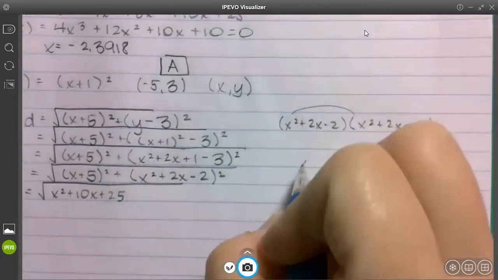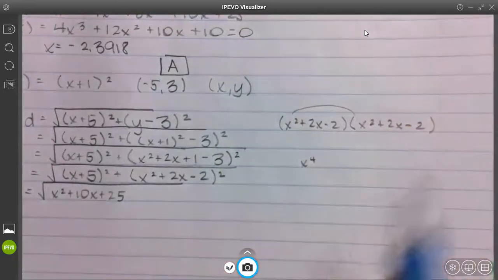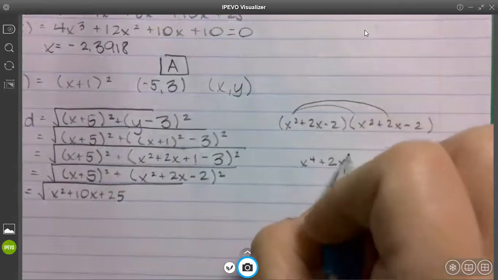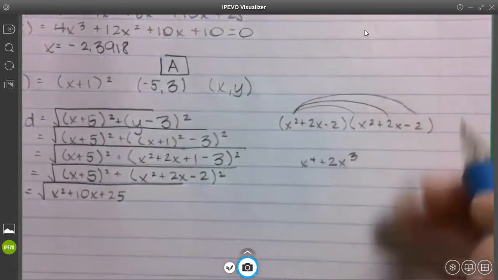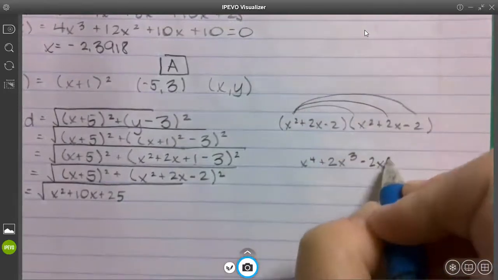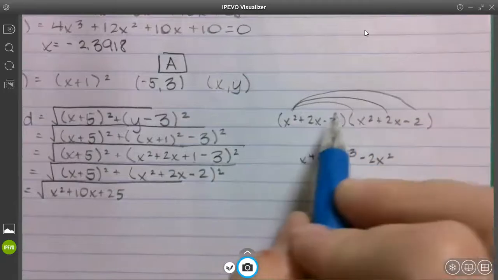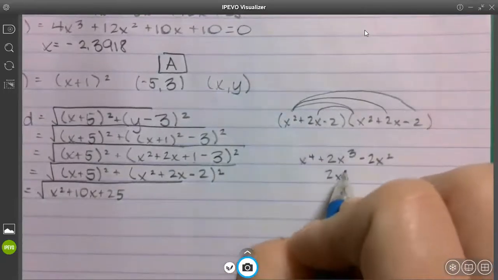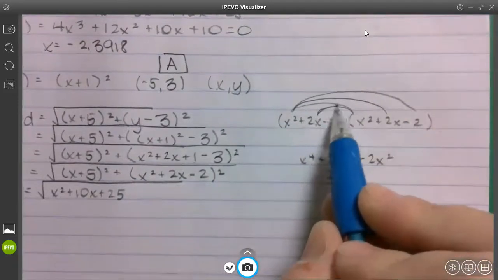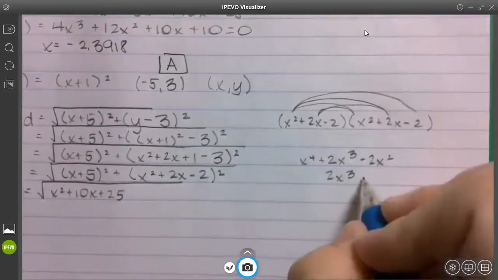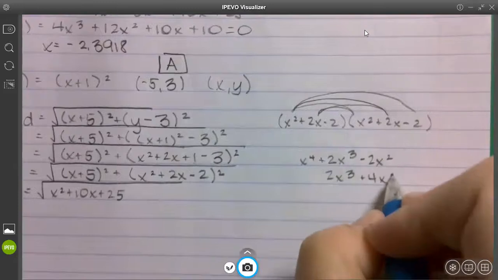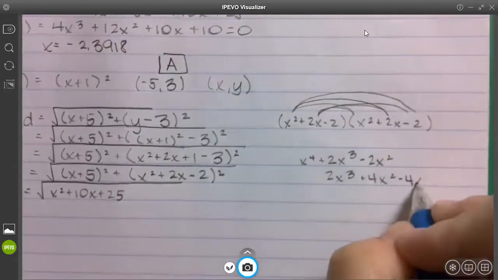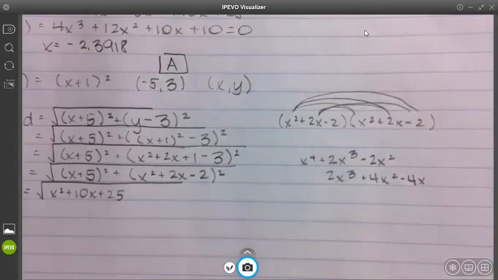Distribute your first, you get x to the 4th, 2x cubed, and negative 2x squared. Do your middle: 2x times x squared is 2x to the 3rd. 2x times 2x is 4x squared. And 2x times negative 2 is negative 4x.